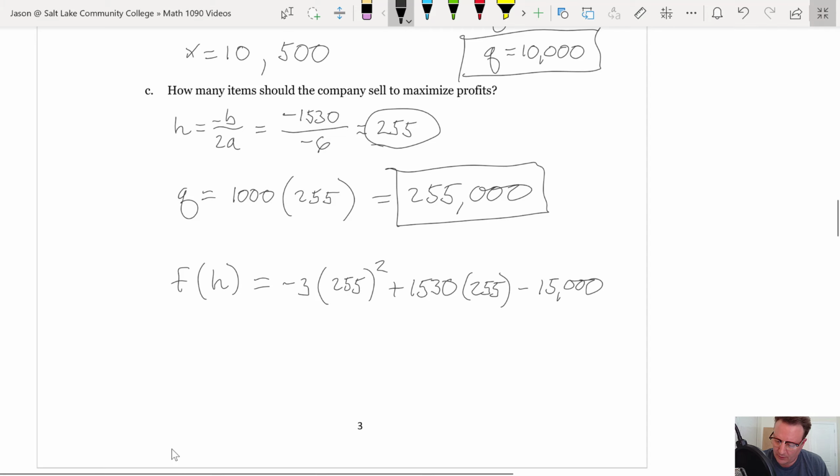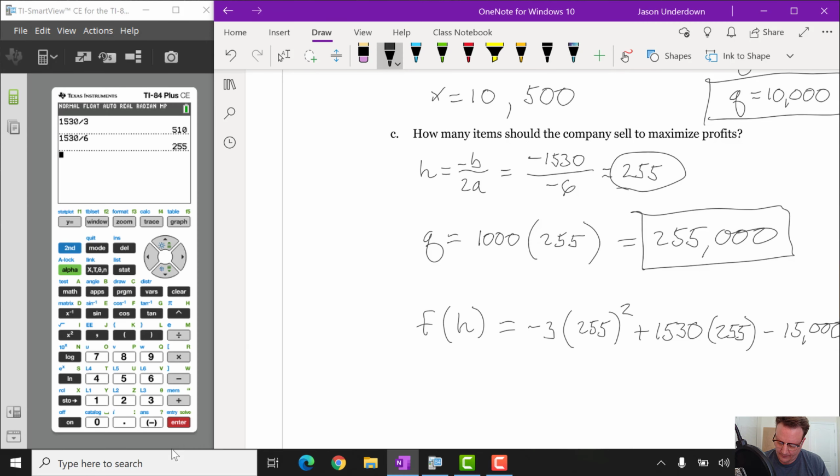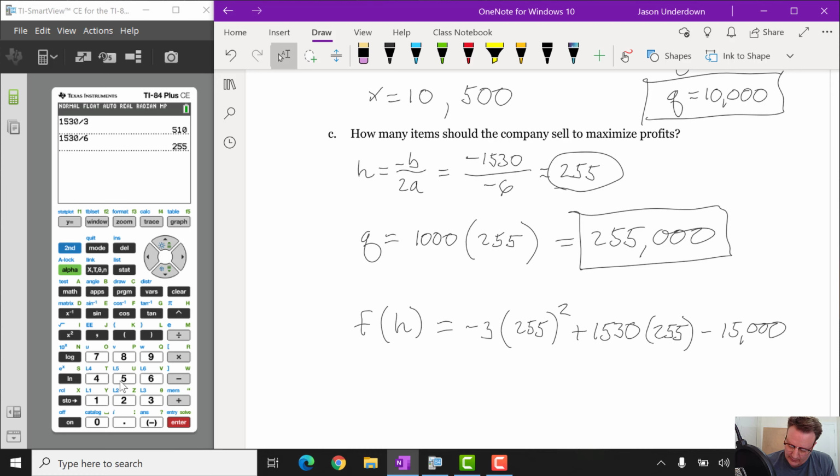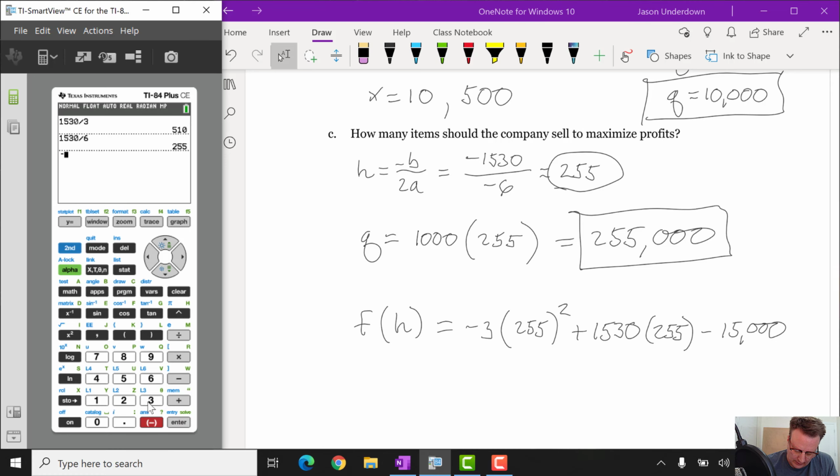I think I'll pull up the calculator for that. Negative 3 times 255 squared, plus 1530 times 255, minus 15,000.